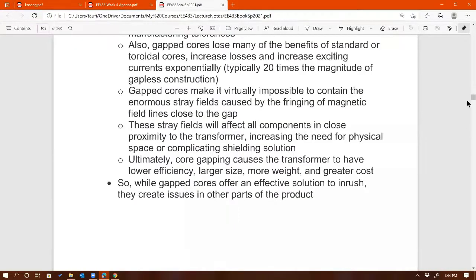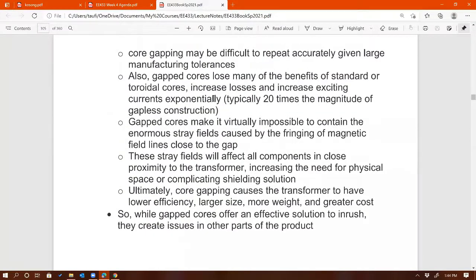All right, if not, we finished chapter 2, and then we talked about air gaps. Just a little bit of a review on air gap. The reason it's important for us to learn how to deal with air gap is that it will most likely be inevitable when you are designing or constructing magnetic components such as a transformer or inductor.